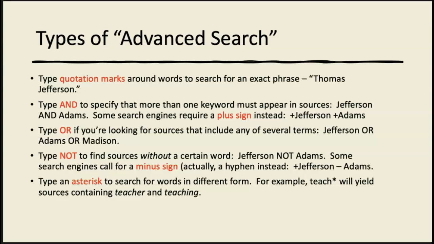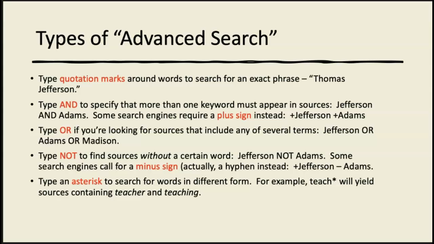So, some things to know. First of all, quotation marks mean something important when you're searching. If you type quotation marks around words, it searches for an exact phrase. For example, maybe you're doing a paper on Thomas Jefferson, so you literally want to find information on Thomas Jefferson. If you put Thomas Jefferson in quotes, it will search for that exact phrase.